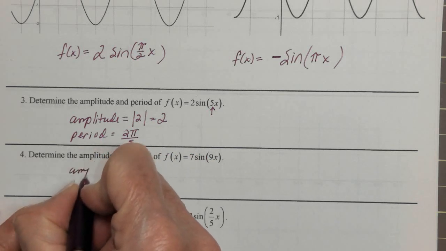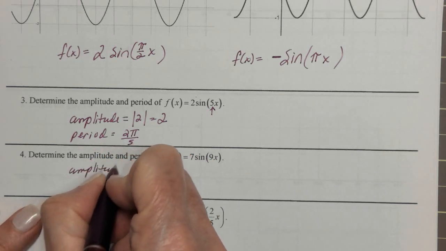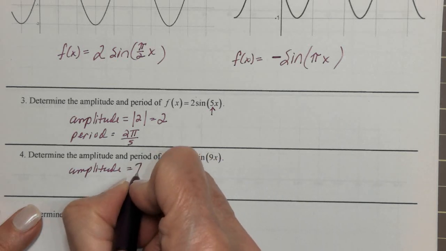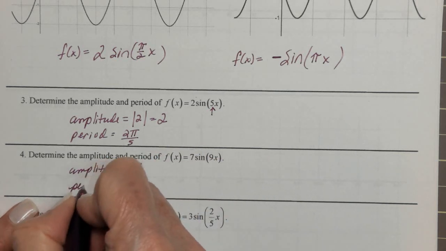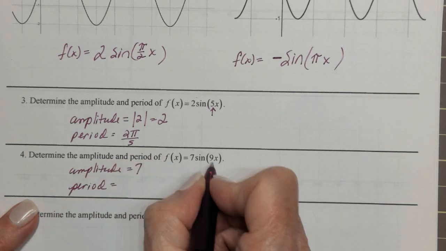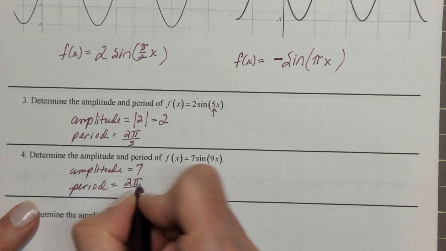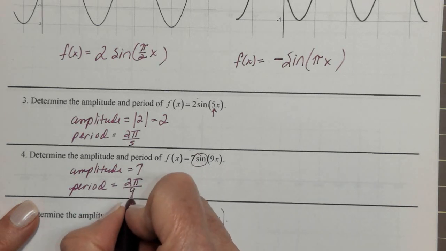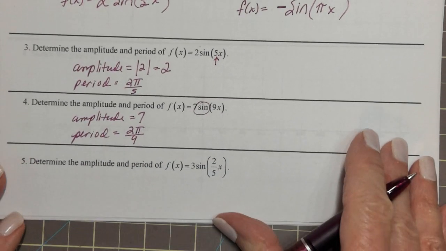Amplitude is the absolute value of 7, so 7. Period, normal period of sine is 2 pi, divide that by 9.